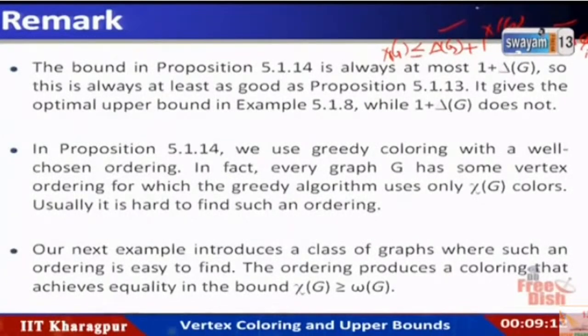In fact, every graph has some vertex ordering for which the greedy coloring uses only the optimal number of colors, but it is very hard to find such an ordering, hence the graph coloring problem, to find an optimal coloring through an algorithm, is a bit hard, it's not an easy algorithm. So our next example introduces a class of graphs where such an ordering is easy to find.